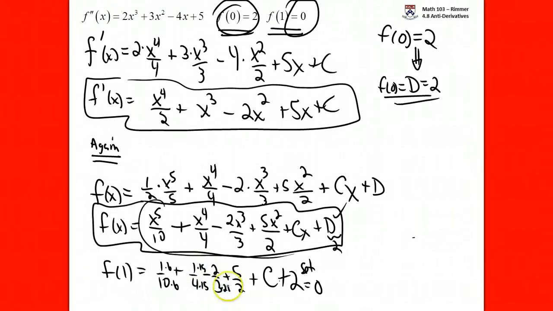Times this guy by 20. Times this guy by 30. This is really 2 over 1, so times it by 60. Gotta make it fun because it's ridiculous. 6 plus 15 plus 40 plus 150 plus 120 all over 60 plus a C is nothing.